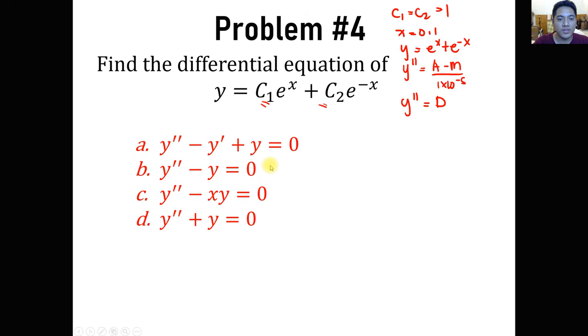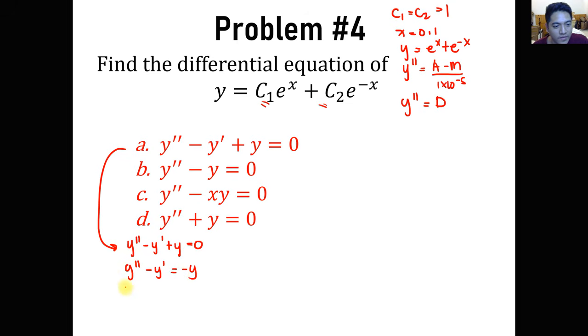So again, going to the choices, for letter A, we have y double prime minus y prime plus y equals 0. So I have y double prime minus y prime equals negative y. If I divide both sides by negative y, I have equals 1 here.